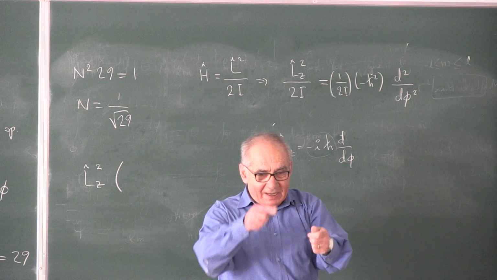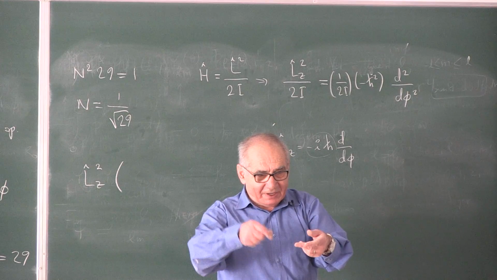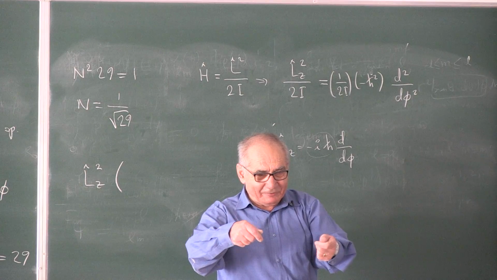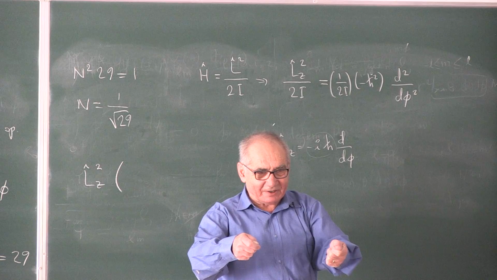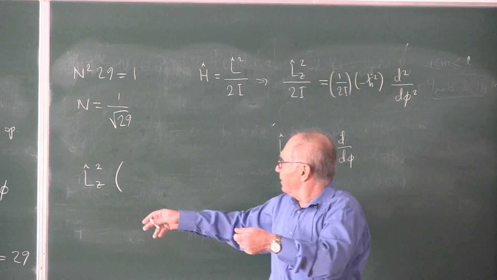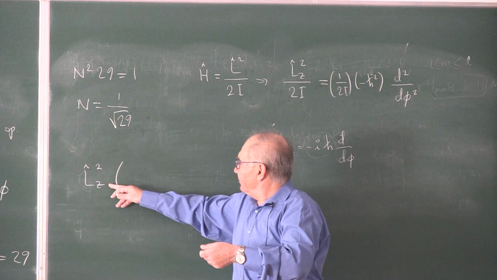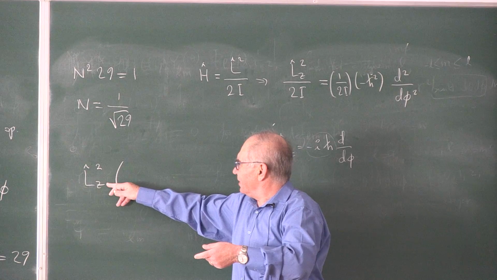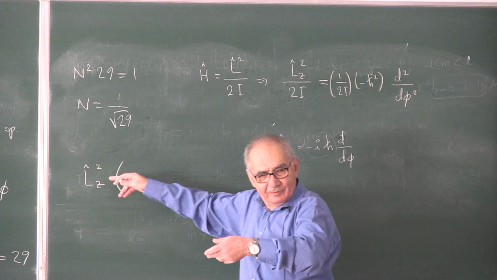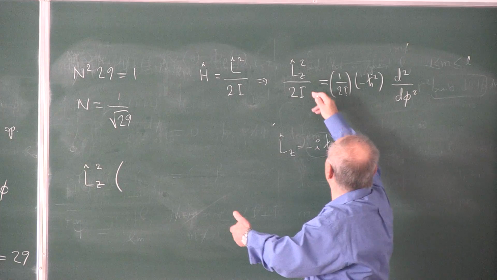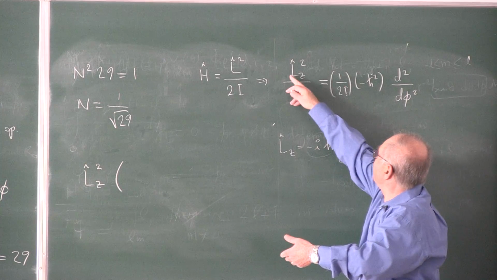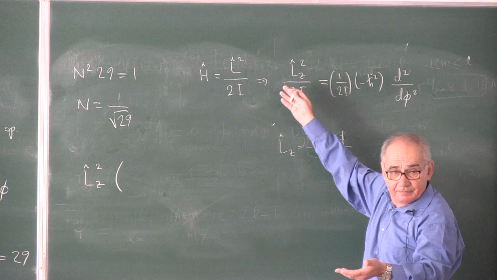Why? LZ square commutes with Hamiltonian. And therefore, they must have the same set of eigenfunctions. Which means if I show it is an eigenfunction of LZ square, it will also be an eigenfunction of 1 over 2I times LZ square.